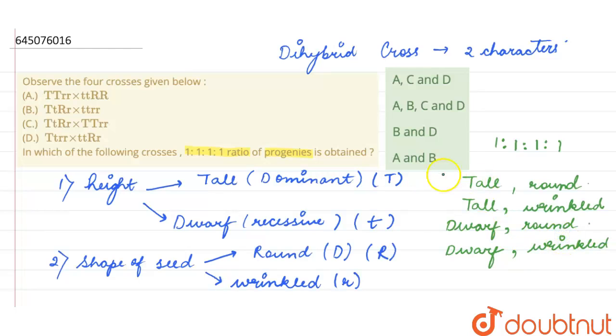So let's solve this question by doing the cross between the options that are given to us.